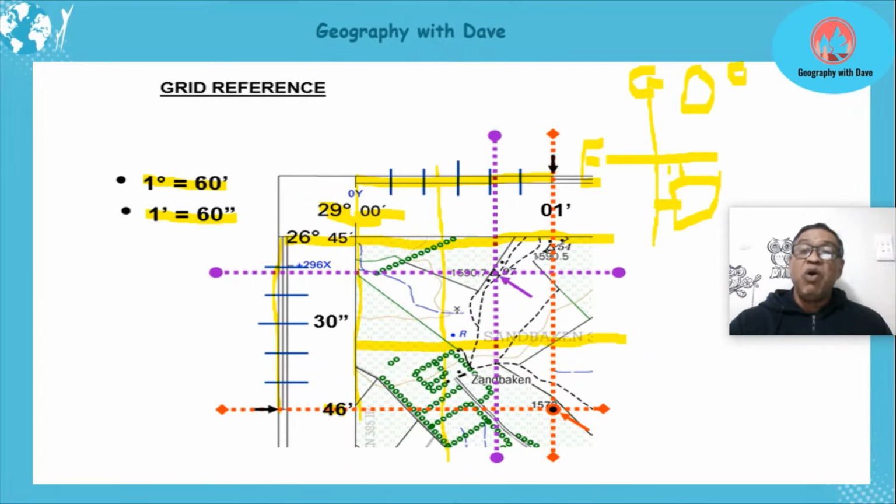Now, because we are moving from the equator and away from the equator towards the polar regions, the numbers, or the minutes and degrees, will increase from 0 degrees and move away: 1 degree, 2 degrees, 3 degrees, and so on.